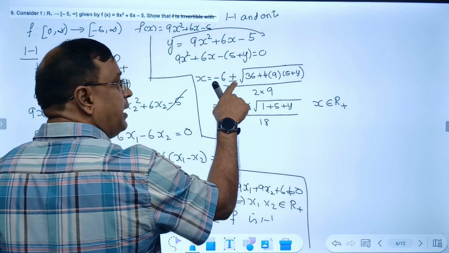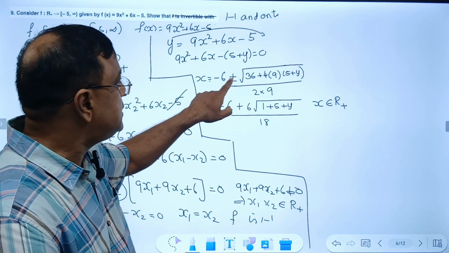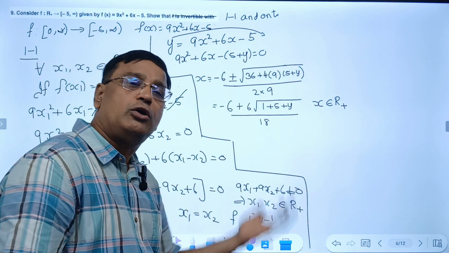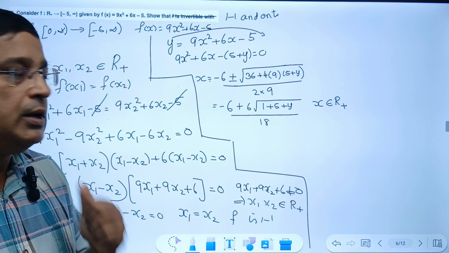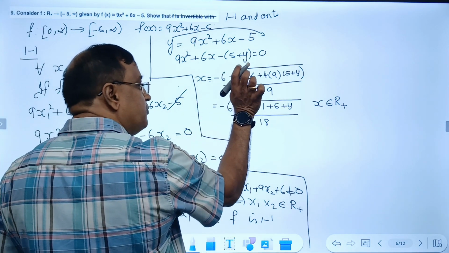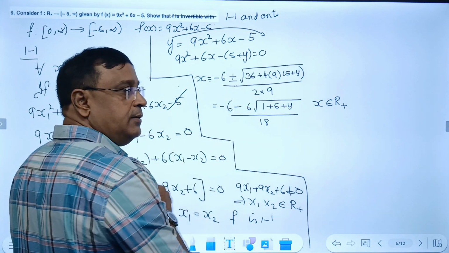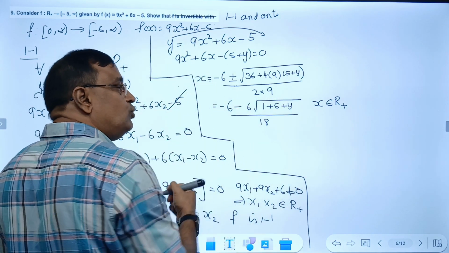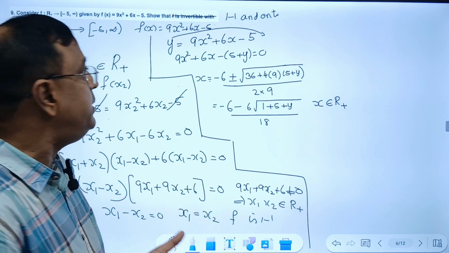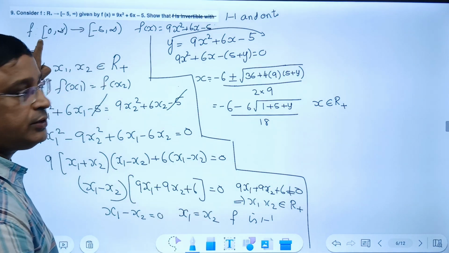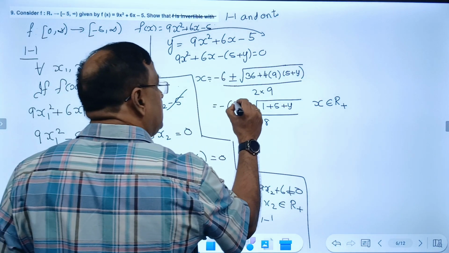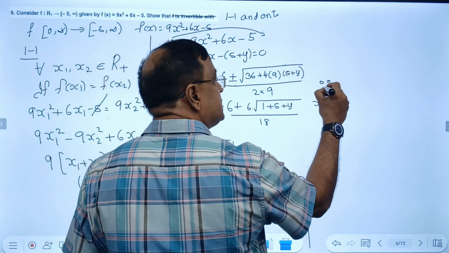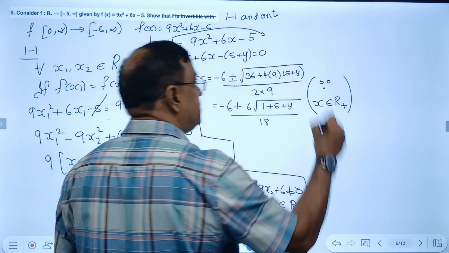If I take minus sign also, minus 6 minus will be a negative number and x will become negative, but x cannot be negative because x belongs to positive real numbers. So that is why I ignore the minus sign. I take only the plus sign, and I've given a reason. The reason is x belongs to R plus.